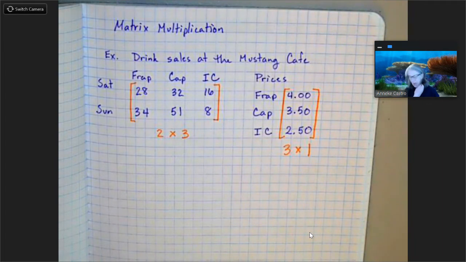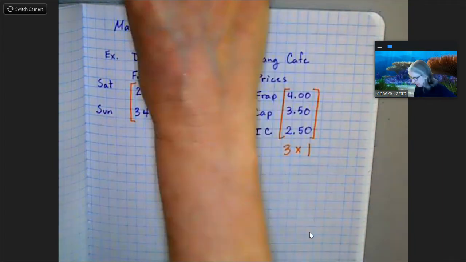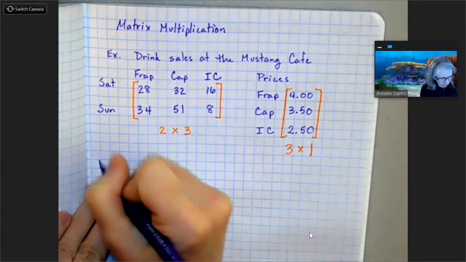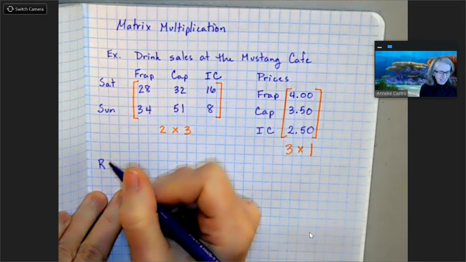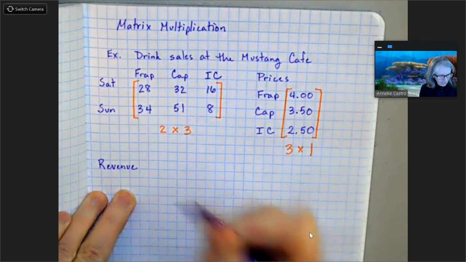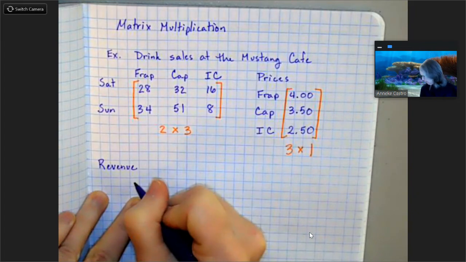Okay, so if I'm going to multiply these together, I am then going to get my revenue for the 2 days. So my revenue, the amount of money I'm bringing in, if you remember our business calculus. So my revenue for Saturday, we'll start with Saturday.